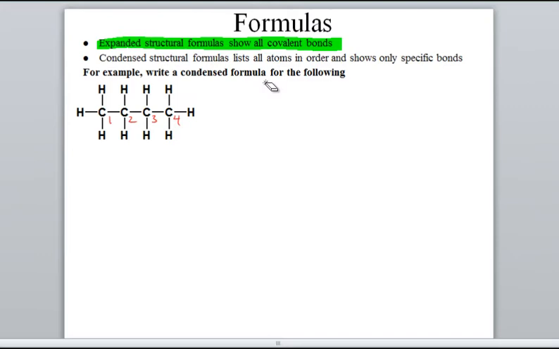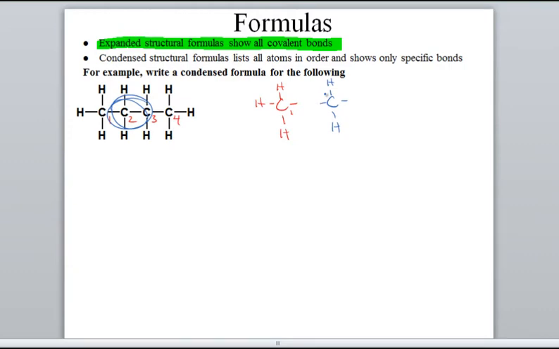If you look at the carbons that are part of this structure, carbon number 1 has 3 hydrogens connected to it, and then it's bonded to another carbon atom. Carbon number 2, instead of being bonded to 3 hydrogens, is only bonded to 2. So I'm going to write it like that, with 2 lines indicating it's bonded to 2 other carbon atoms.